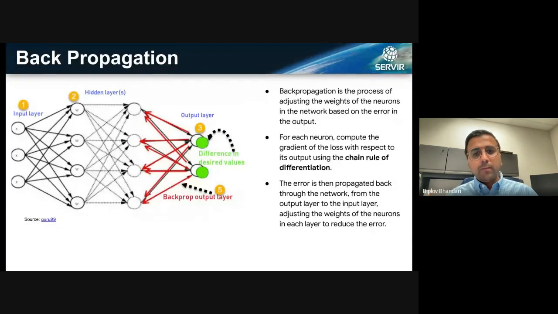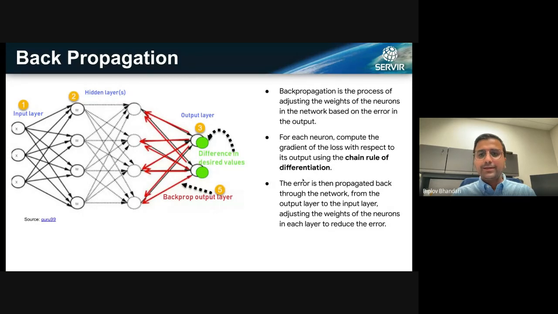A common form of how it's usually done is that it will compute a gradient of the loss. It will look at the network's output and the desired output, and then compute a form of gradient. It computes that gradient using the chain rule of differentiation. So linear algebra, all those things that we learned, would come into place here.